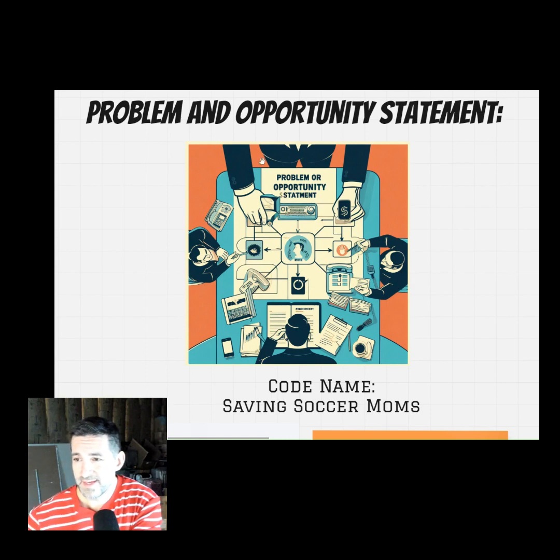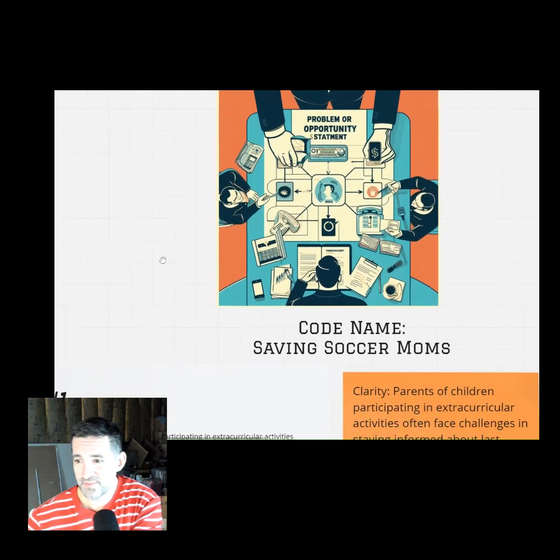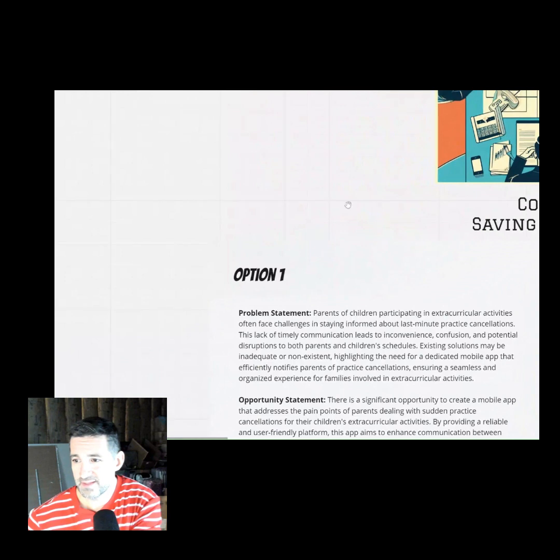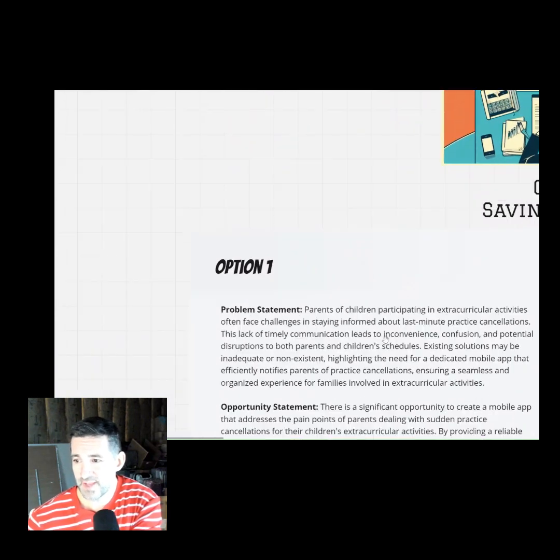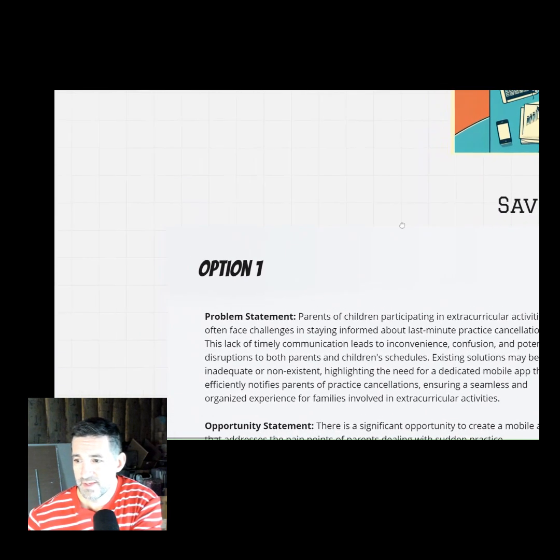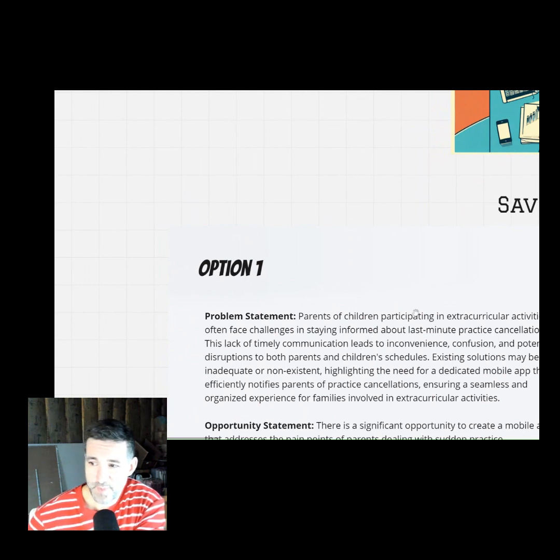So a little bit of behind the scenes, but when I came to actually crafting the problem statement, if I scroll in here: parents of children participating in extracurricular activities often face challenges in staying informed about last-minute practice cancellations. This lack of timely communication leads to inconvenience, confusion, and potential disruptions to both parents' and children's schedules.